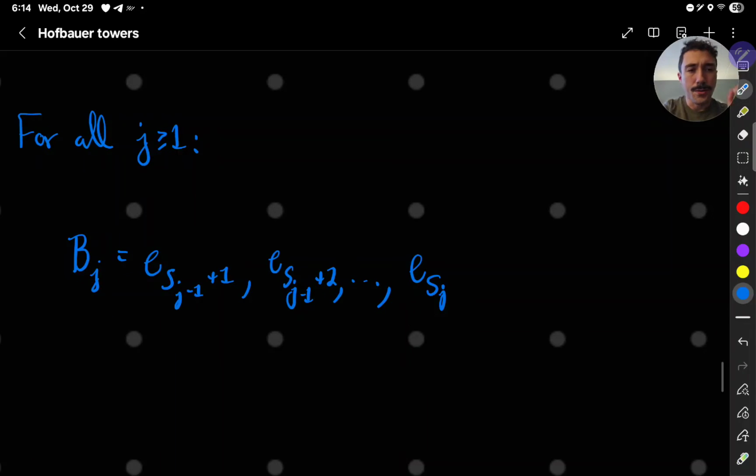So what I'm saying is, go to a cutting time, S sub j minus 1. Go to the next iterate of that. Ask what the kneading symbol is. That's E sub S sub j minus 1 plus 1. Take all the points up until the next cutting time and extract the kneading subsequence associated to that. Call that b sub j.